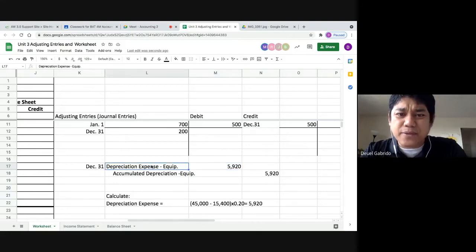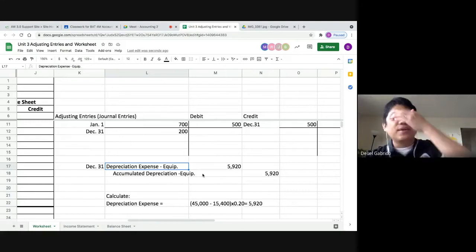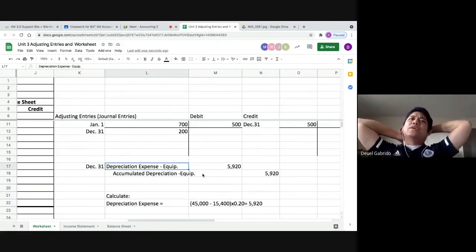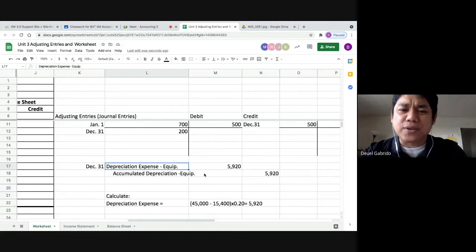No, the answer is no. So it's just like an estimate, that we conclude the value of the asset decreases after 1 year. So in short, we just need to recognize it so that we can present a very fair income statement.